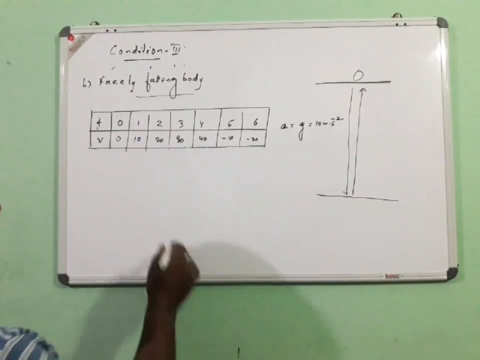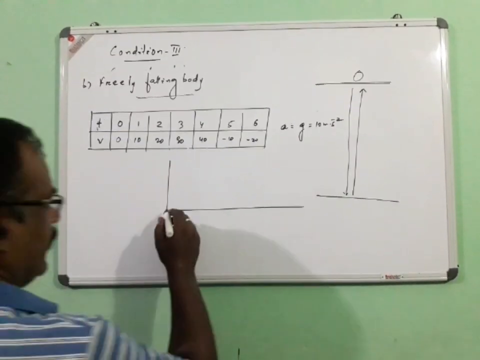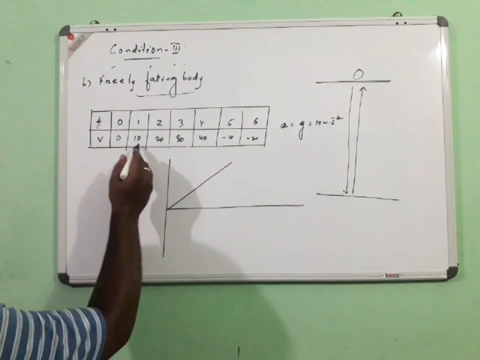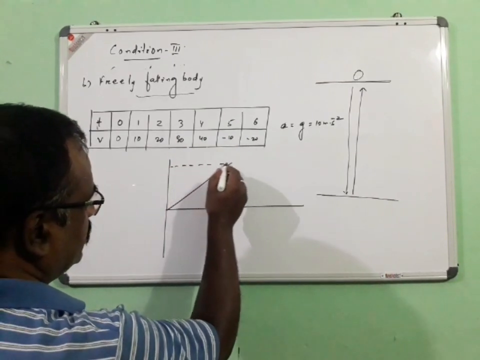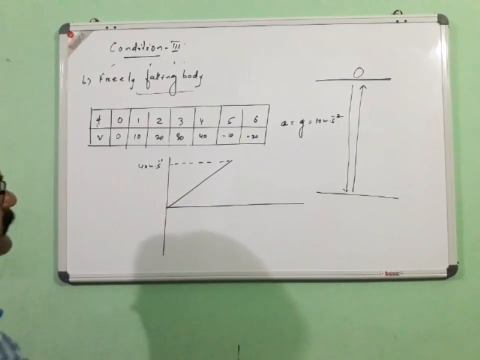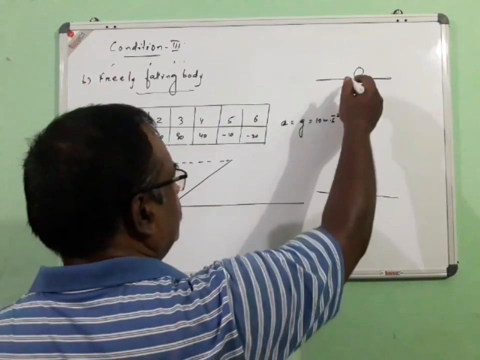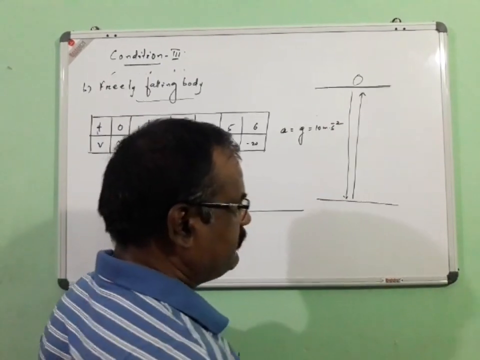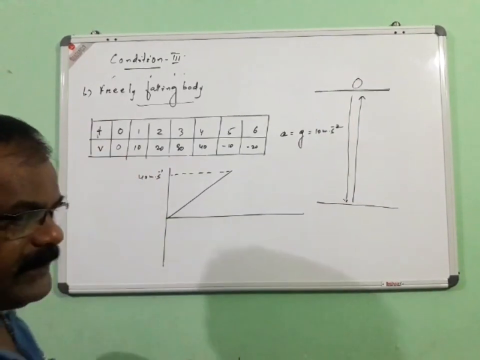So in such cases, if we plot a graph, we can find that the graph will be moving up to a certain extent, because 0, 10, 20, 30, 40 meter per second. At this maximum point, it becomes 40 meter per second. But then it will suddenly change, since it strikes the ground for a very small instant of time, and then again it goes to the same height.